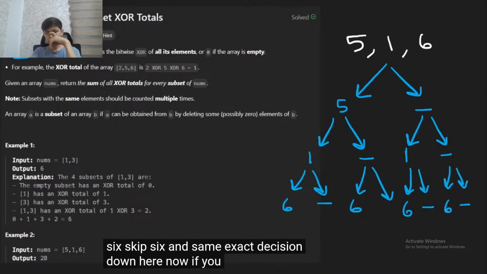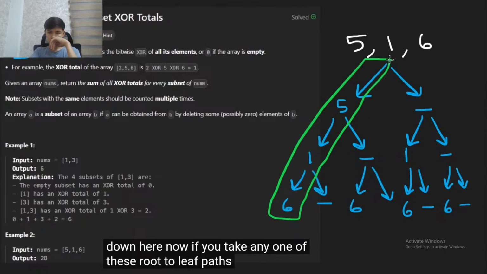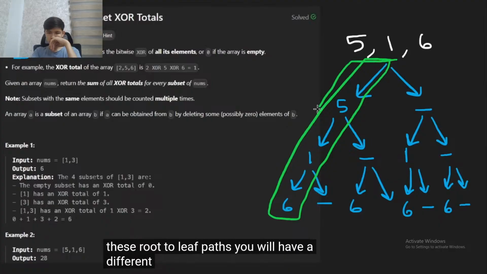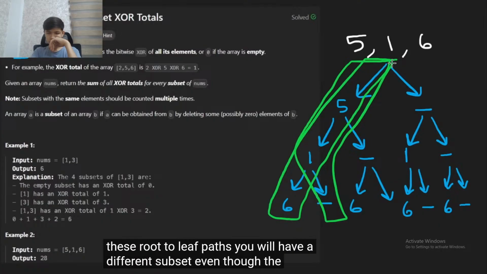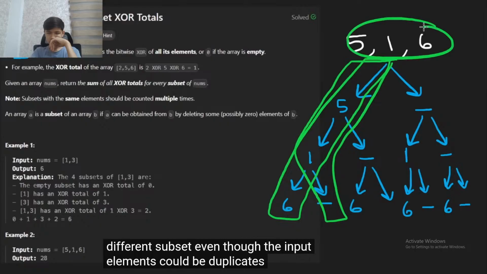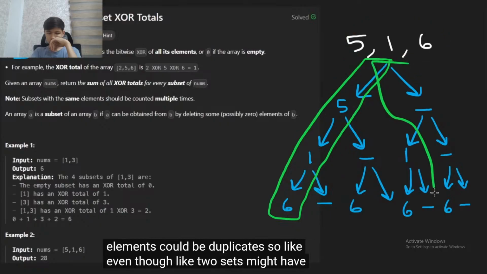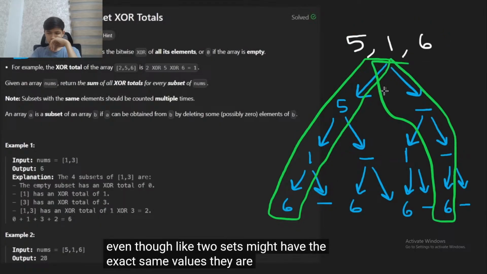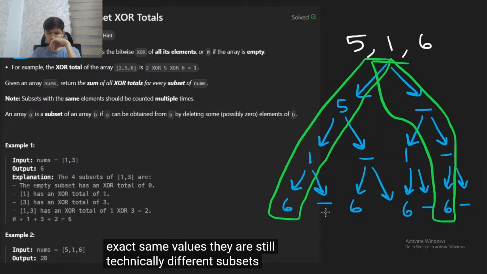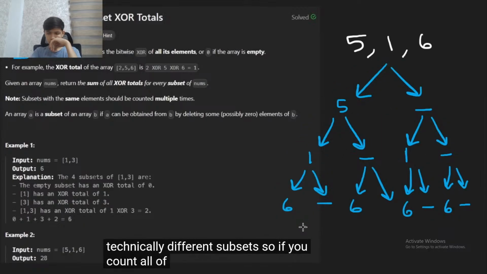Now, if you take any one of these root to leaf paths, you will have a different subset. Even though the input elements could be duplicates, so even though two sets might have the exact same values, they're still technically different subsets. So if you count all of these, you're going to see we have, I think, 8, right?